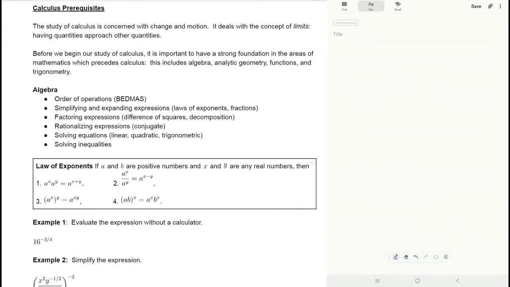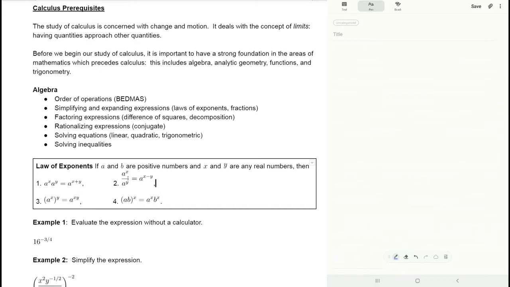So the first thing we'll go through is the law of exponents. This gives us a way to simplify certain expressions. So if we have two positive numbers, a and b, and x and y are any real numbers, then the law of exponents says that if I have a to the power of x times a to the power of y, then I can add the two exponents since they have the same base.